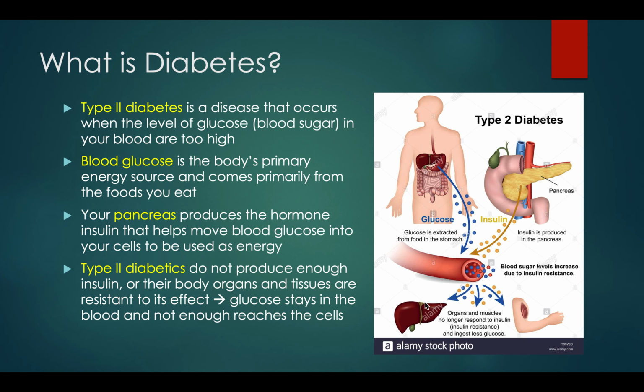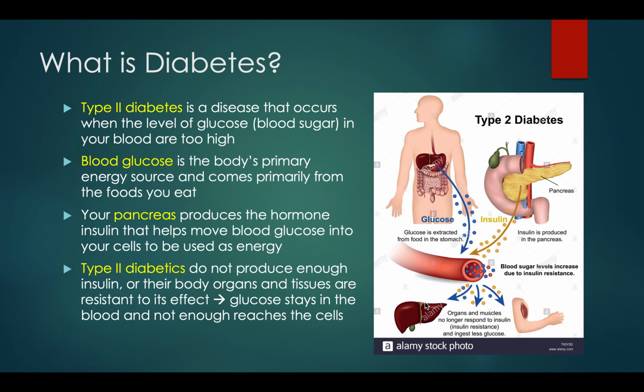Type 2 diabetes, and in fact all diabetes, is a disease that occurs when the amount of blood sugar or glucose in your blood is excessively high. In this state, it can do various types of damage to tissues. Blood glucose is the body's primary energy source, and we get our blood glucose primarily from the foods that we eat.